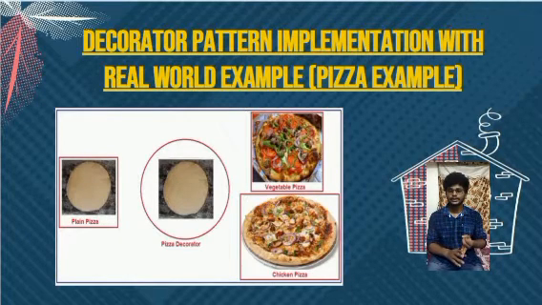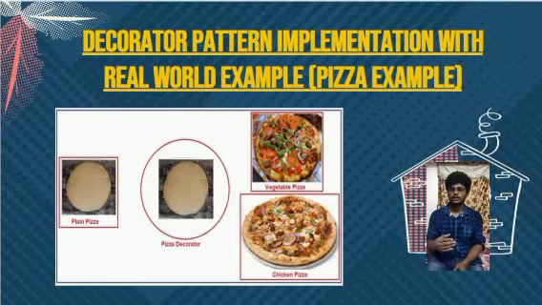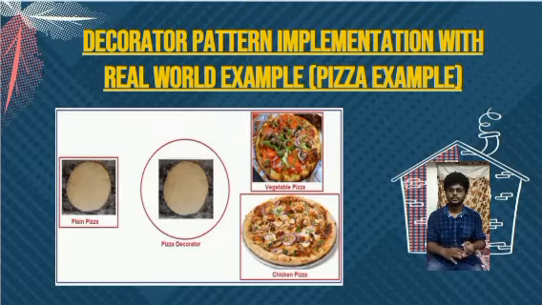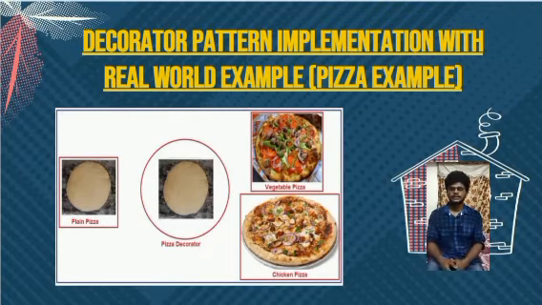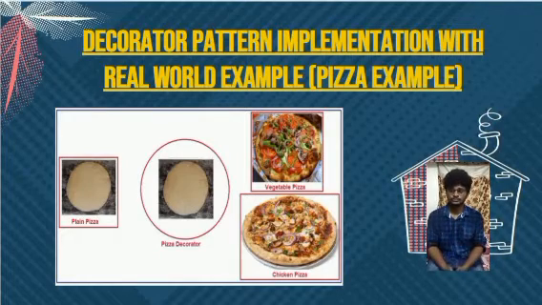Then the pizza decorator will add chicken to plain pizza if you want chicken pizza, or vegetable if you want vegetable pizza. So you are getting the desired pizza by adding extra features to the existing plain pizza as per need. This is the same method by which the decorator pattern works.